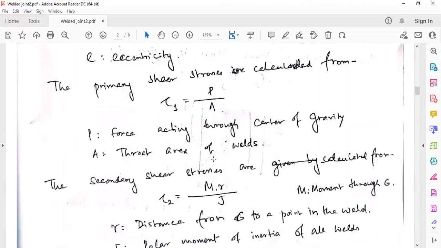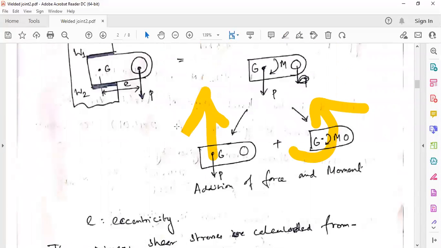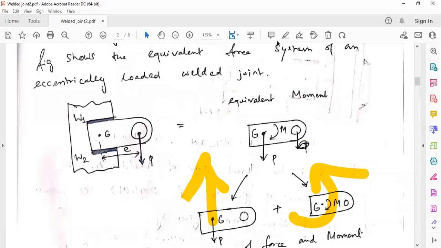Now here, instead of finding out the primary or secondary shear force, since it's a moment here, I will just consider it like a moment. In general, we will only be interested in failure of the welding.